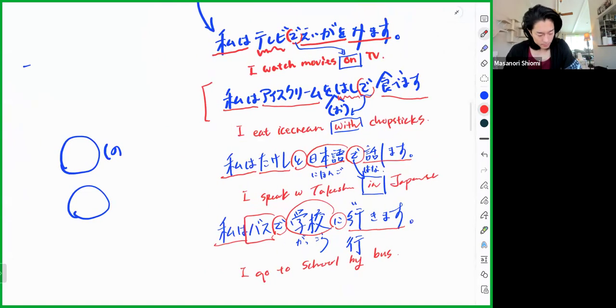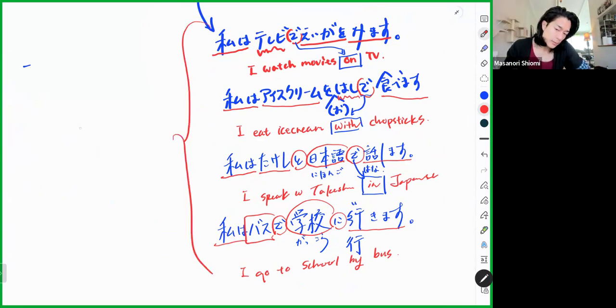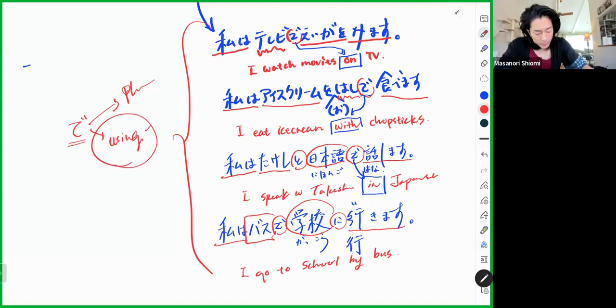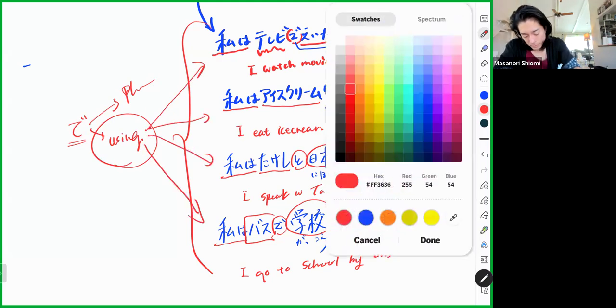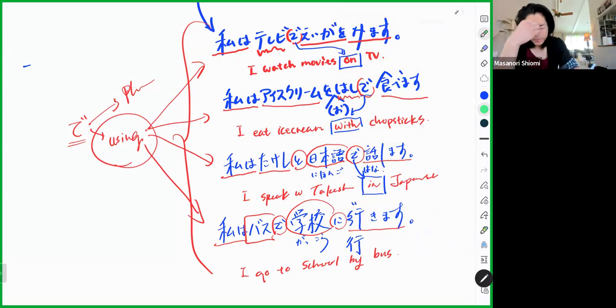Okay, with this, let's look at all of these. Four sentences using the second function of the particle de, not the place of action, but by means of or using. Four ways to use this. First one, I watch movies on TV. Second one, I eat ice cream with chopsticks.